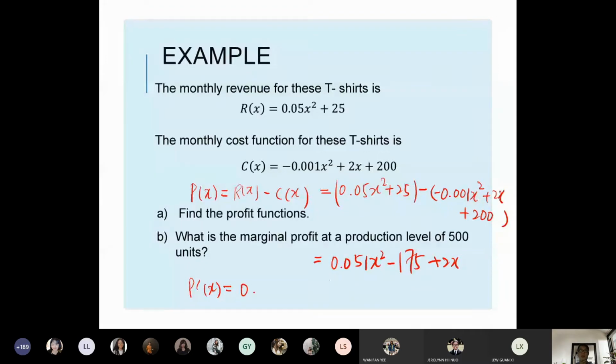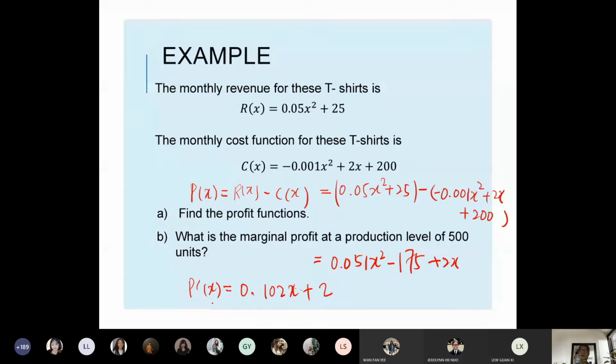We get 0.0102x plus 2. When we differentiate, first we take the 2 down, so we get 0.102x plus 2.